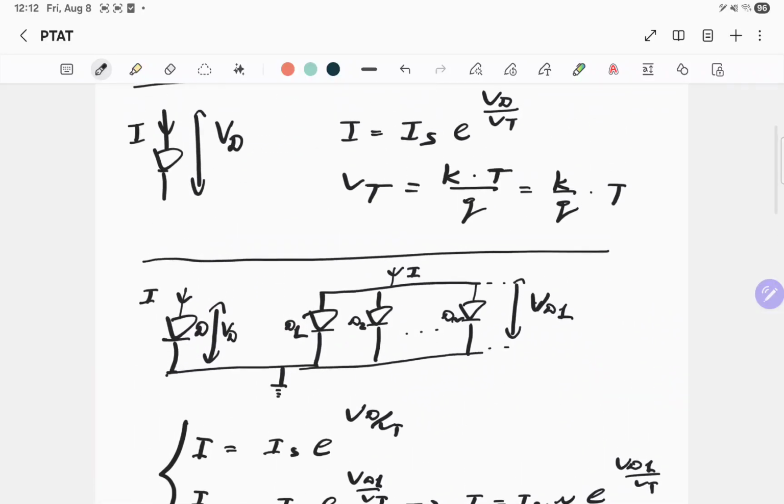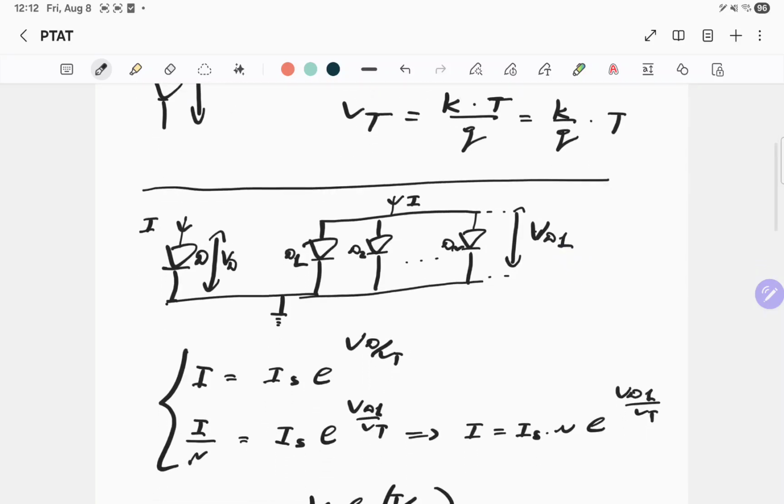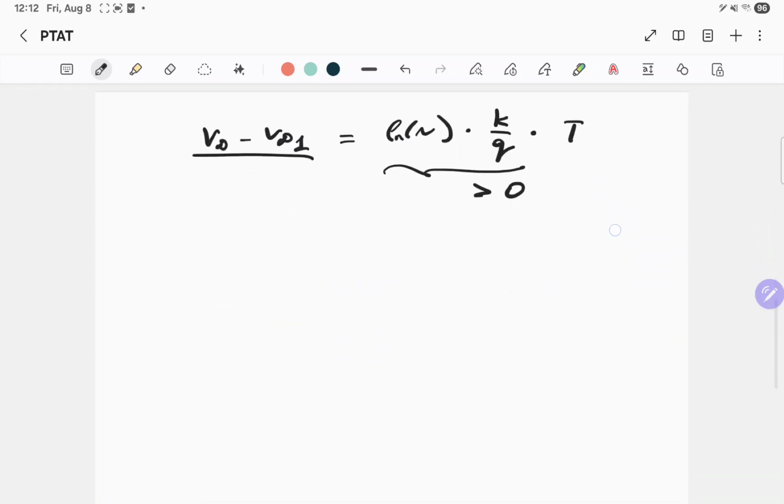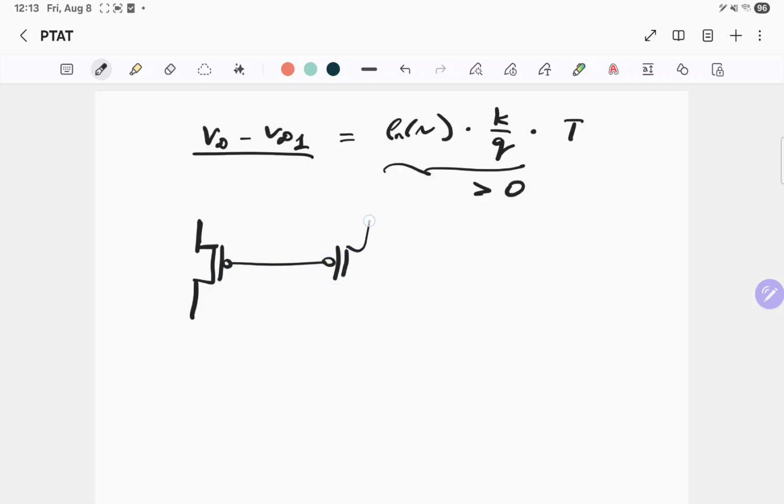Now let's discuss how we can send the same amount of current I on the left diode and the same amount of current to these N diodes that are on the right. So we can just use a current mirror like this, two PMOSes that share the same gate.